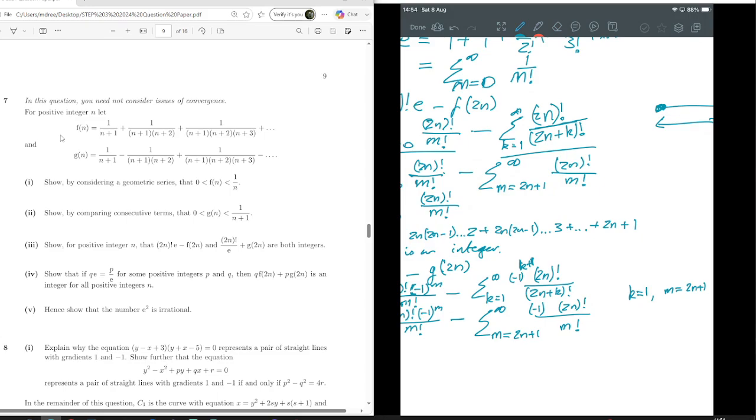So m is 2n plus k. I'm doing this way more awkwardly than I have to. So this new power is going to be really awkward. So -1 to the k plus 1 is the same as -1 to the m minus 2n plus 1.